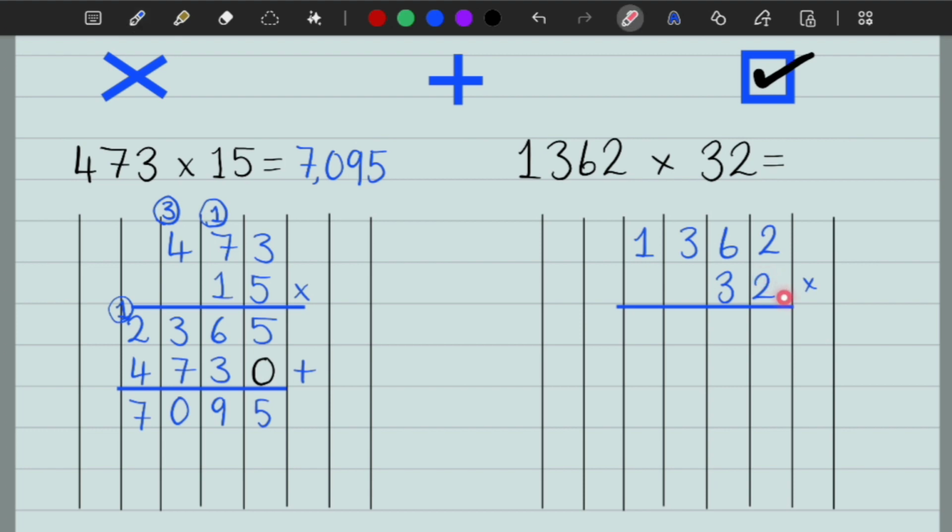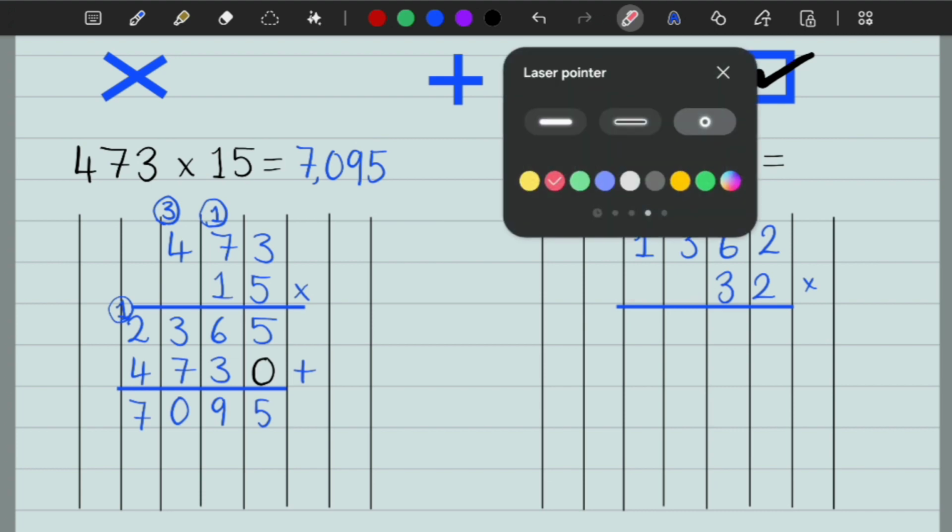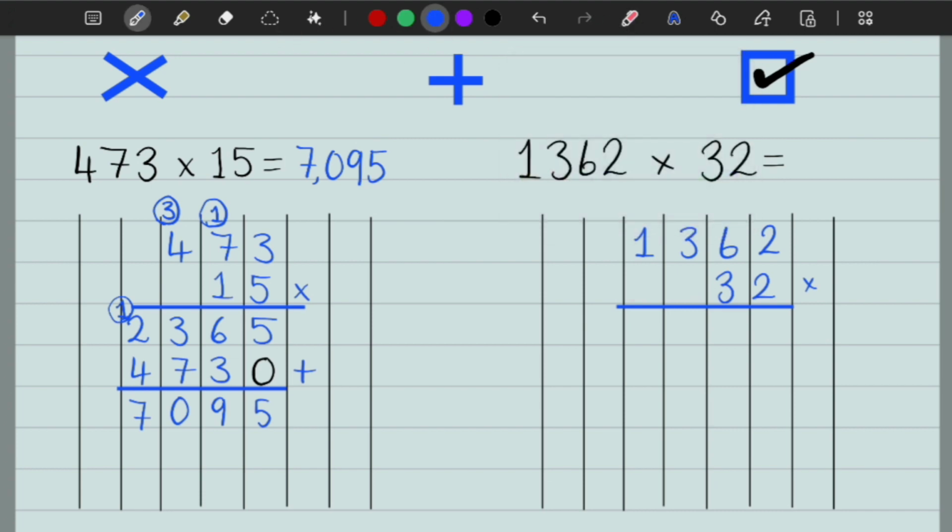Remember, first we're going to be multiplying the ones digit on my second number, so the smaller one here. Okay, so I've got 2 multiplied by 2, which is 4, 6 multiplied by 2, which is 12. Again, I'm going to put that 1 just above. 3 multiplied by 2, which is 6, add the 1 up here, so I've got 7. 1 multiplied by 2 is 2.